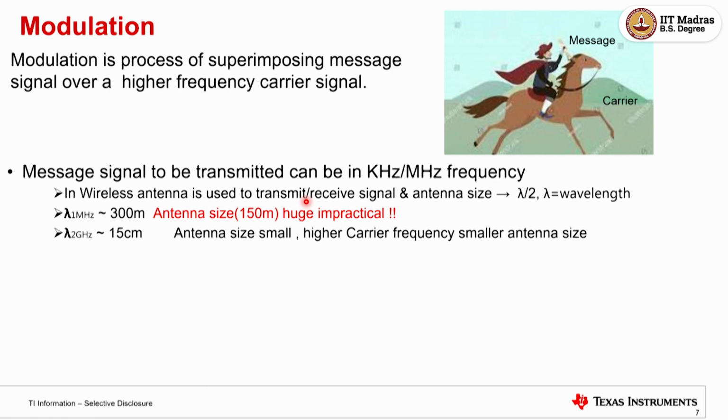So now, if I have a higher frequency, the wavelength is going to come down, and my antenna size is also going to come down. This is where the concept of carrier frequency comes in. Why do you need to modulate? Because my voice signal rate is only this much, 20 kilohertz, and whatever I do, I can't exceed that. The human voice cannot exceed 20 kilohertz, or even music.